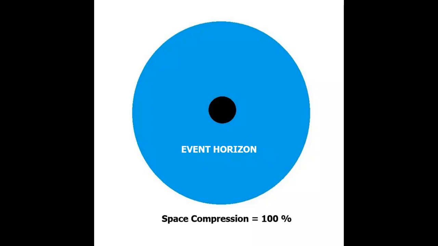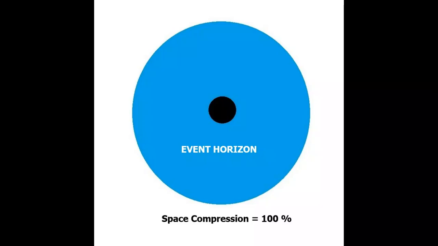The event horizon is the area of space where the compression of space is 100%. So this means that gravity, which as we just stated is downward space pressure, is 100%. This means that all that blue space there is pushing with 100% force towards that black dot in the center.